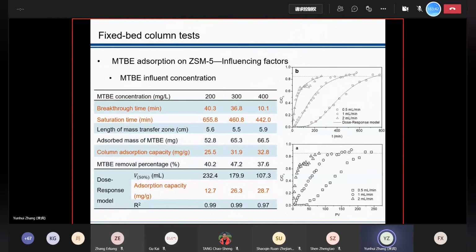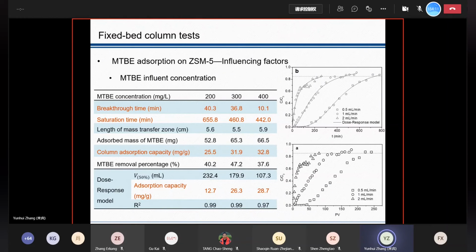As for the MTBE influent concentration, with the increase of the MTBE concentration, both the breakthrough time and the saturation time decreased, and the slope of the breakthrough curve between the breakthrough point and the saturation point, that is the mass transfer zone, became slightly steeper.